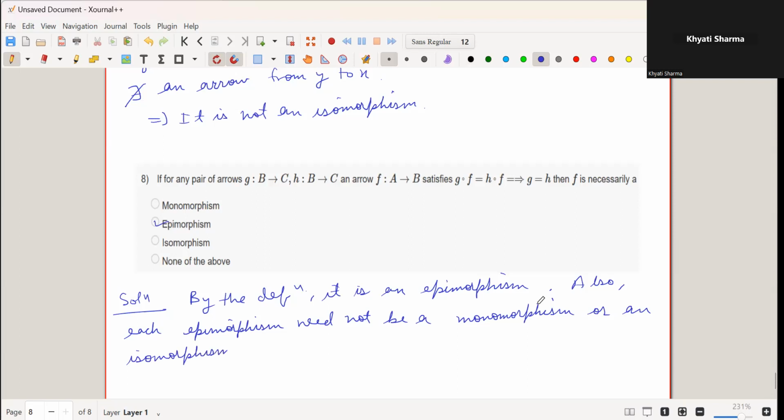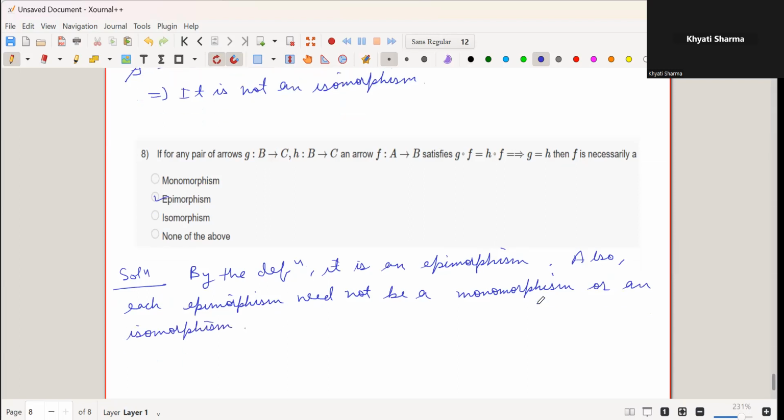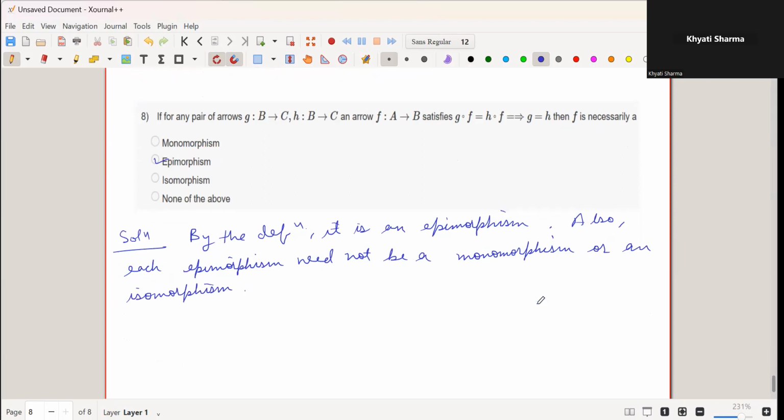So any epimorphism need not be a monomorphism or an isomorphism. There are many examples for that. The simplest one is to consider the category of sets, for example.